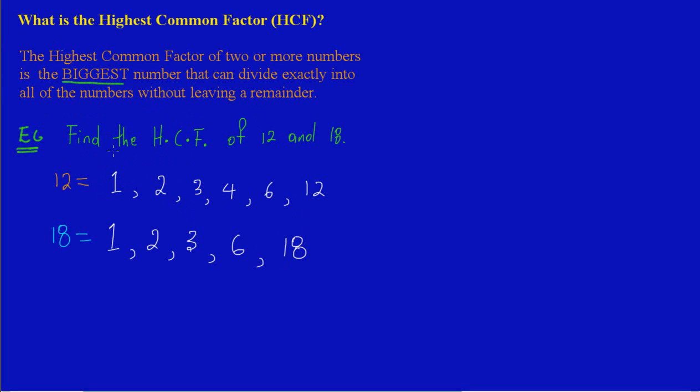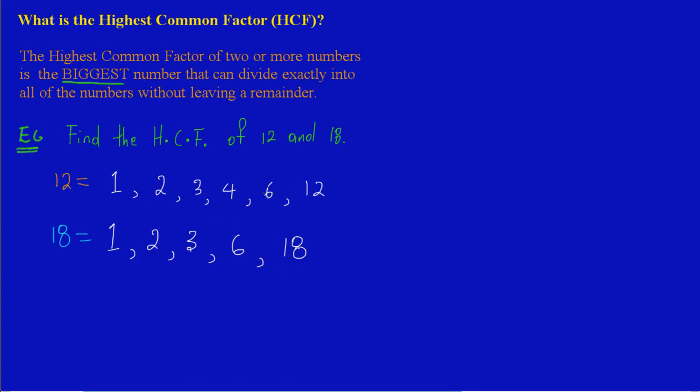And here we go. When I look here, a 1 is here, a 1 is here, but that's not the biggest. 2, 2, 3, 3, those aren't the biggest. I have a 4 here, I don't have any here. I have a 6 here and a 6 here. I have a 12 here, but it's not down here. 18 is here and it's not up there.